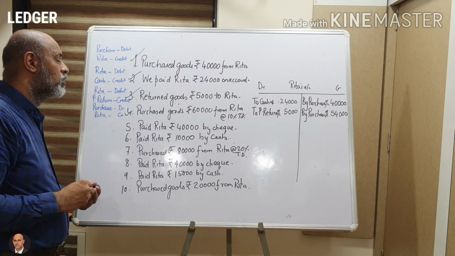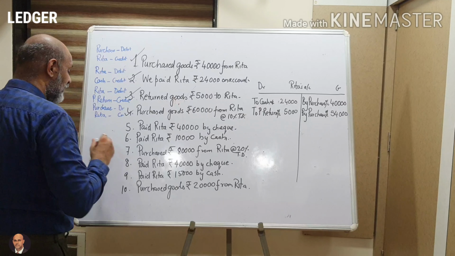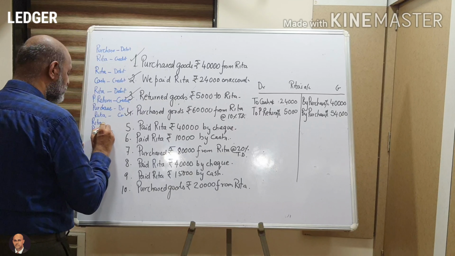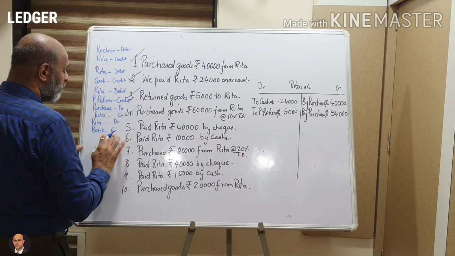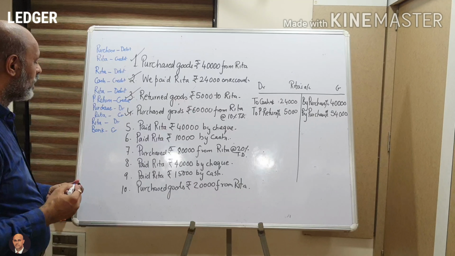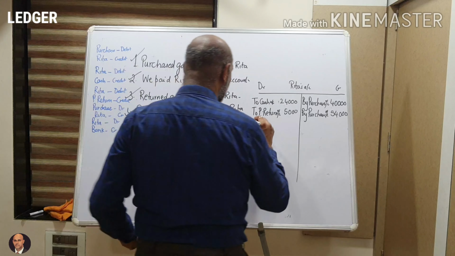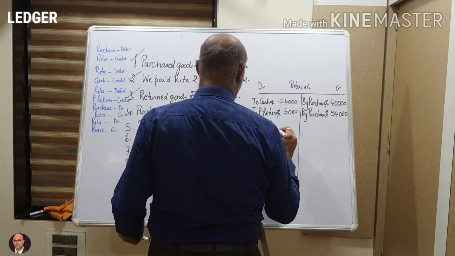Paid Rita rupees 40,000 by check. The two accounts involved are Rita and bank. Rita is a personal account, she is the receiver, so debit the receiver automatically. Bank is credit, because the money is going out. Go to the debit side of Rita and write down to bank, and write down the figure as 40,000.